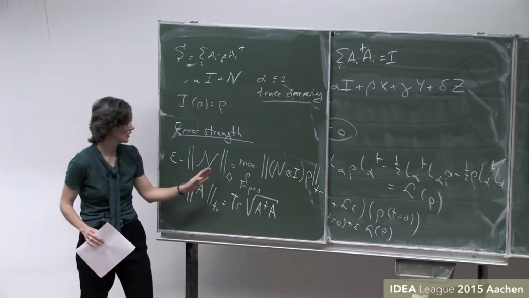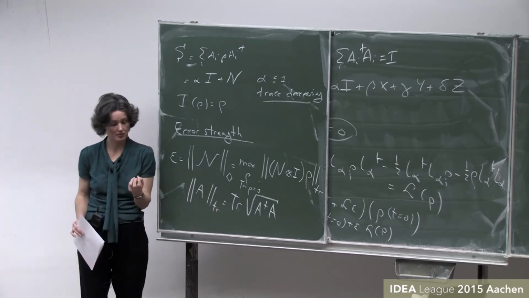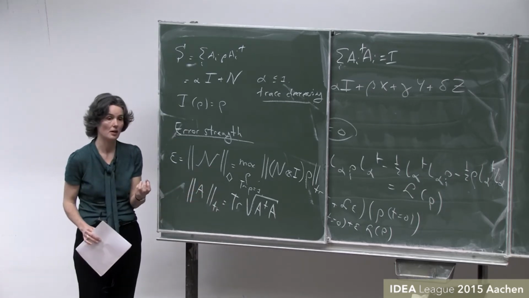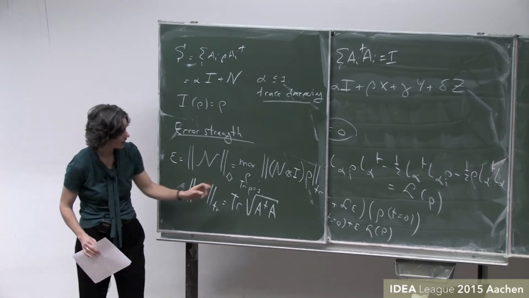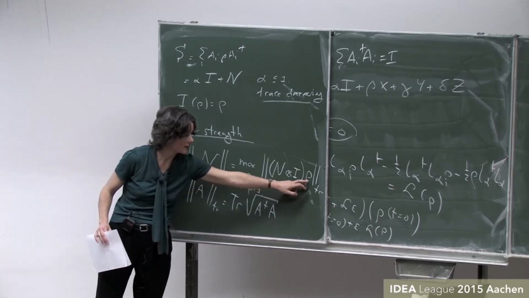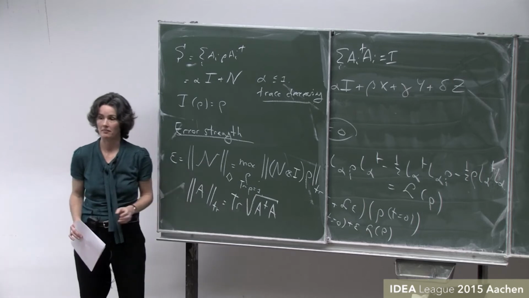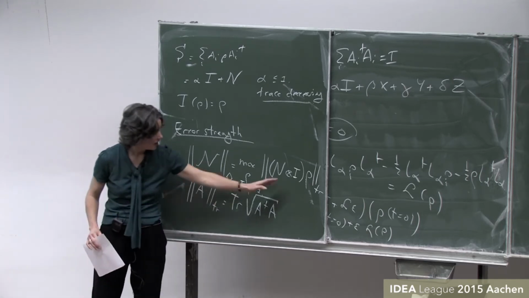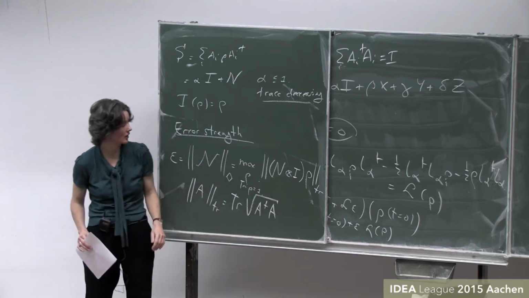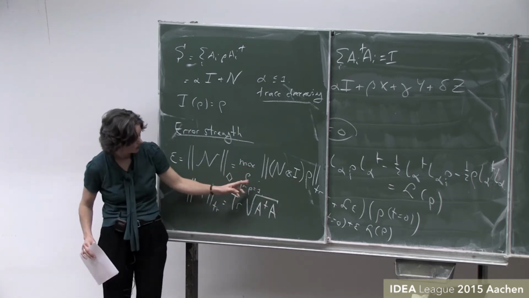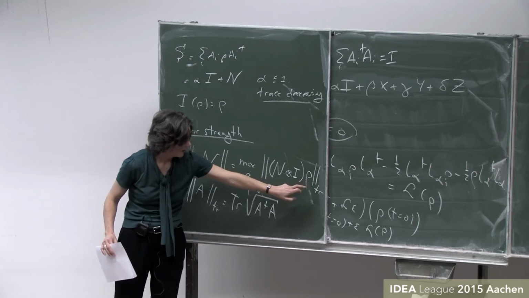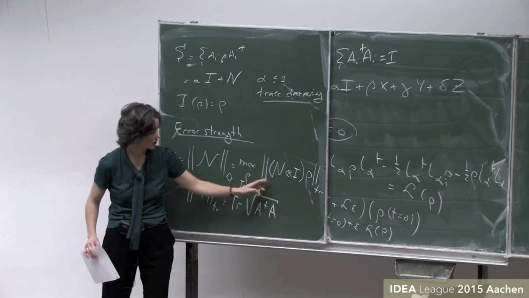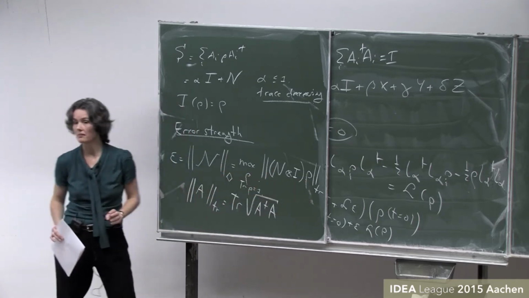So you're not only looking at density matrices in the system on which it acts, but also at the case where the density matrix is part of a larger system. That's not necessarily the same quantity as taking the max over all rho that are only density matrices on this system, because it could be entangled between these two.